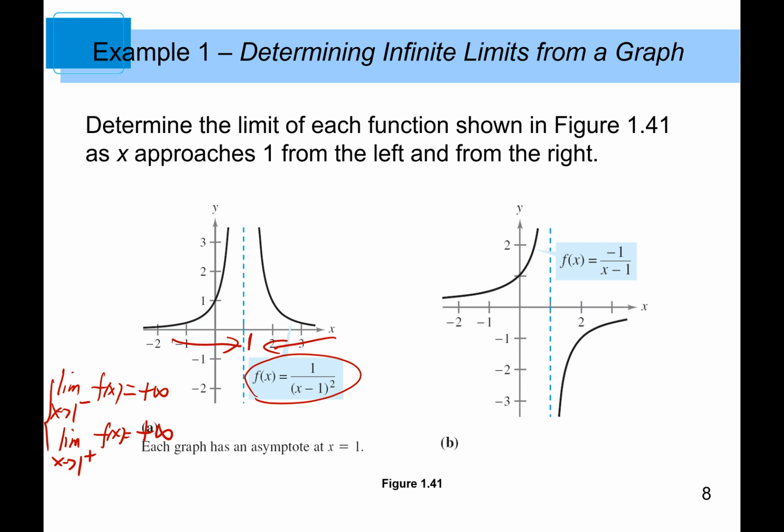So we have an infinite limit occurring at x equals 1. And this is also what they call an asymptote. This dashed line is called an asymptote.